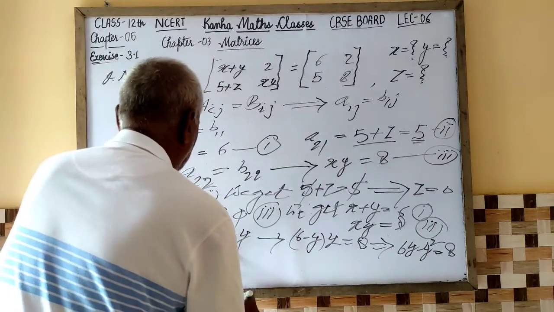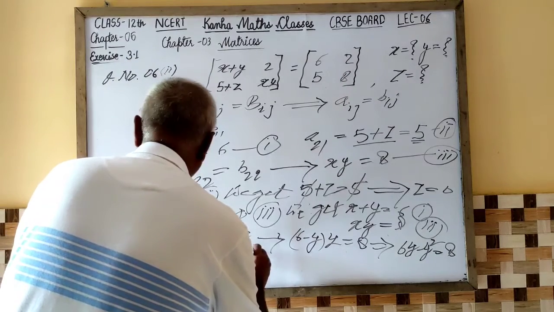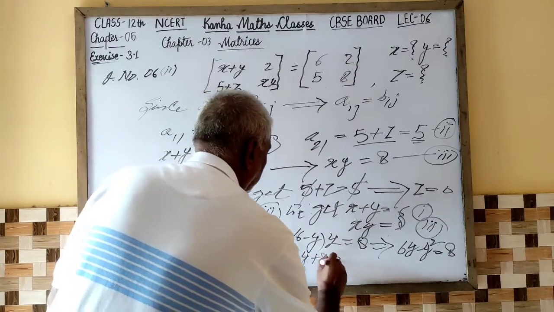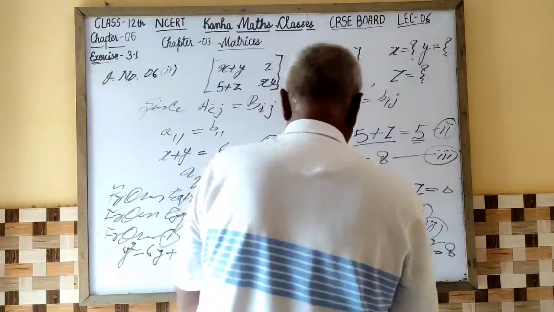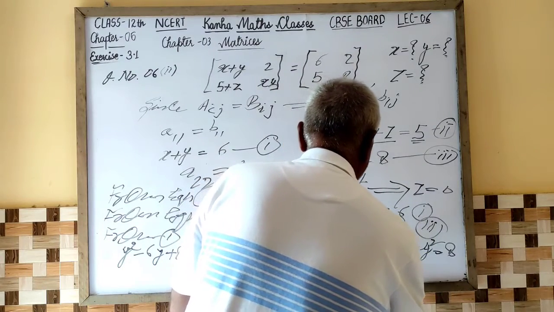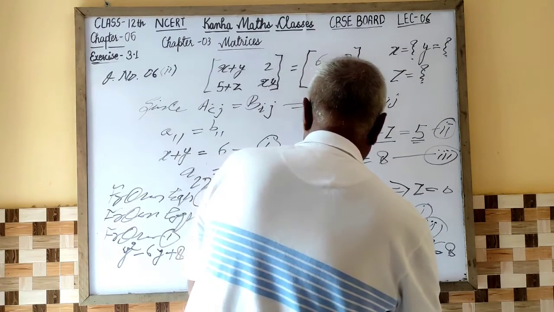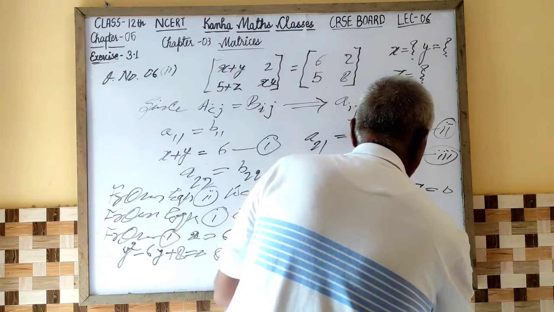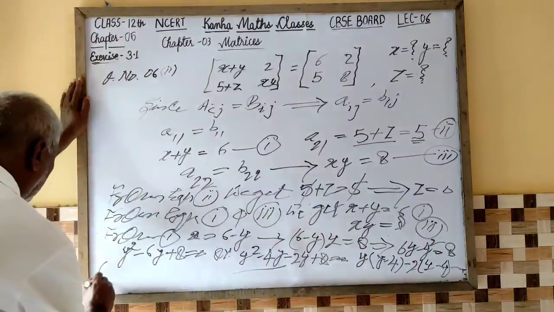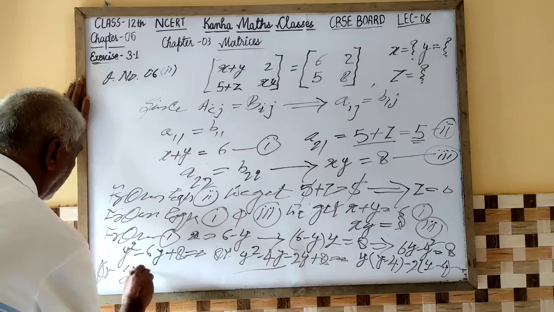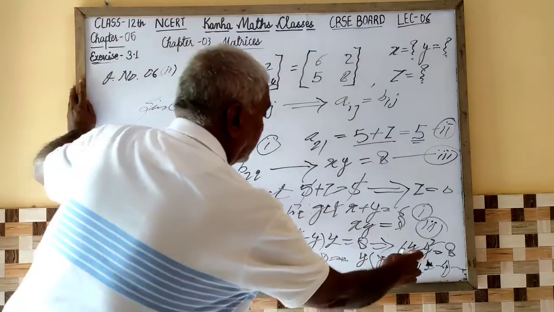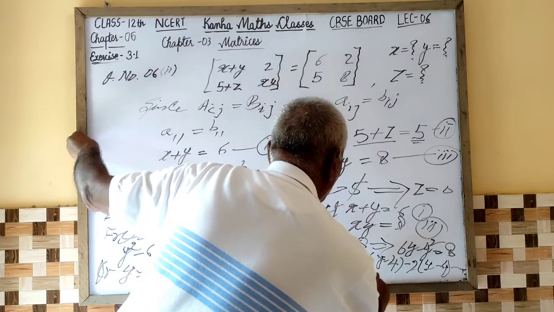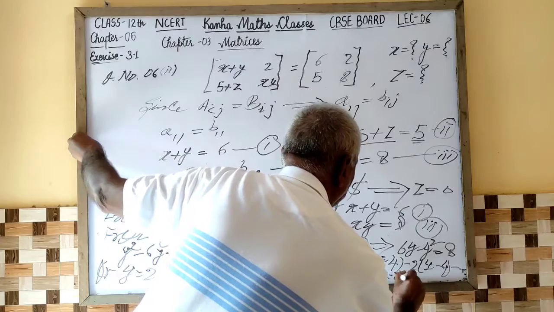Further, if we solve, this becomes y square minus 4y minus 2y plus 8 is equal to 0, and by factorization, y minus 4 and y minus 2 is equal to 0.